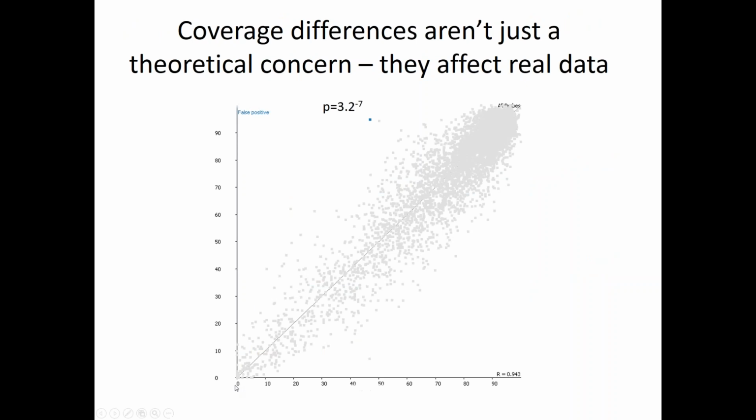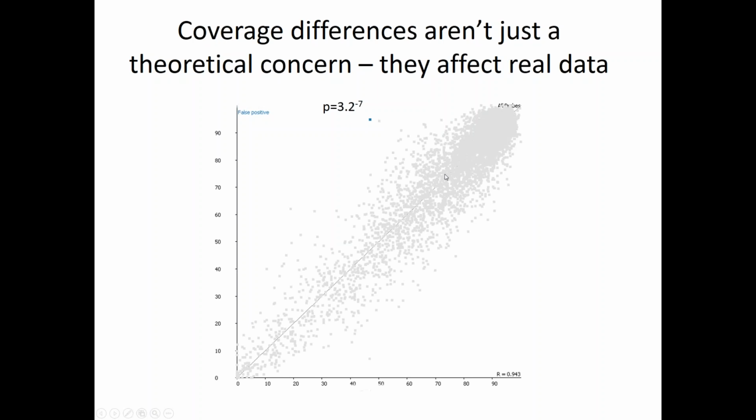This is a scatter plot of two samples, where we're plotting the methylation level in one sample on the x-axis and the methylation level of the other sample on the y-axis, and each dot is a region that we measured in the genome. You can see that generally the two samples are pretty similar. The dots all sit on the diagonal. I've picked out one particular point, the most changing point in the data.